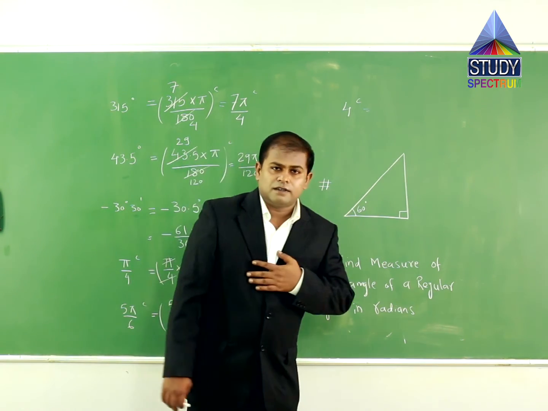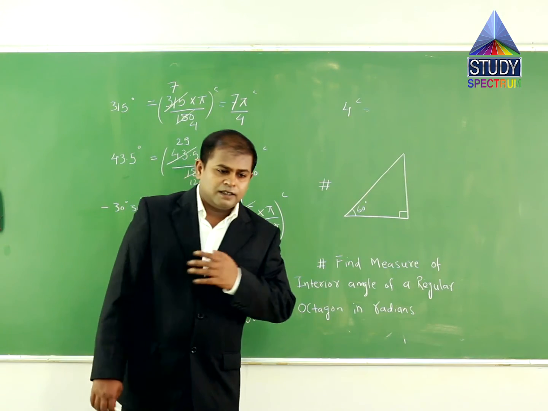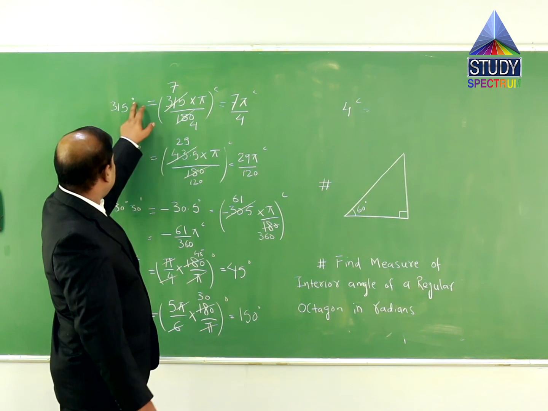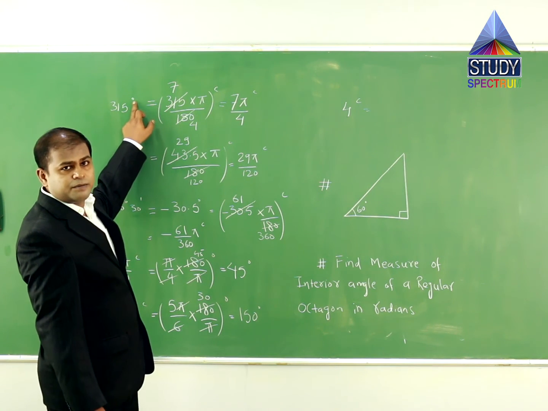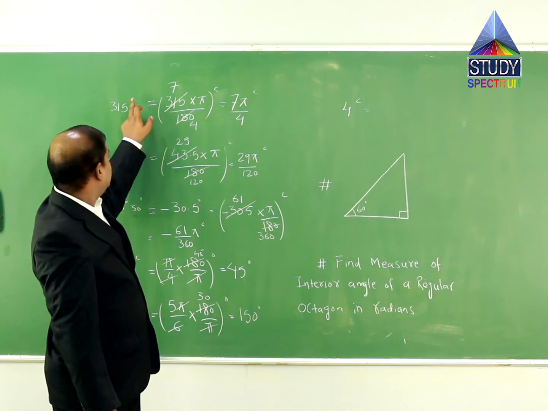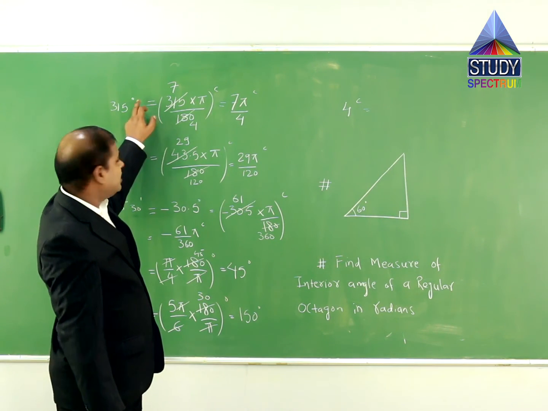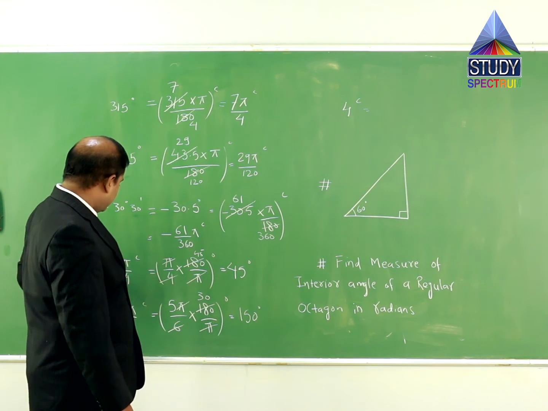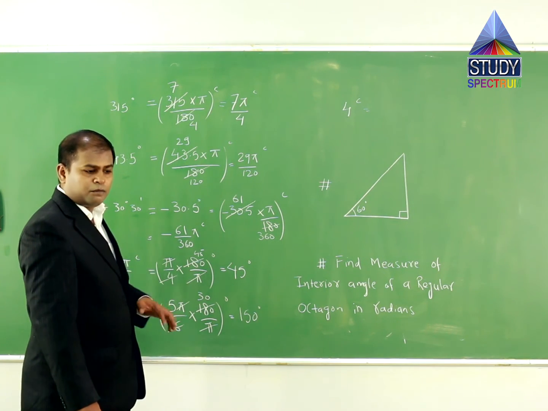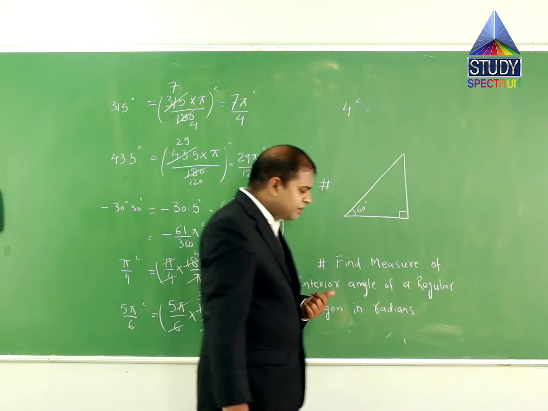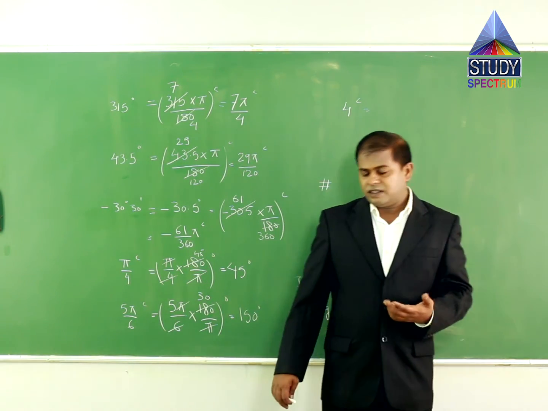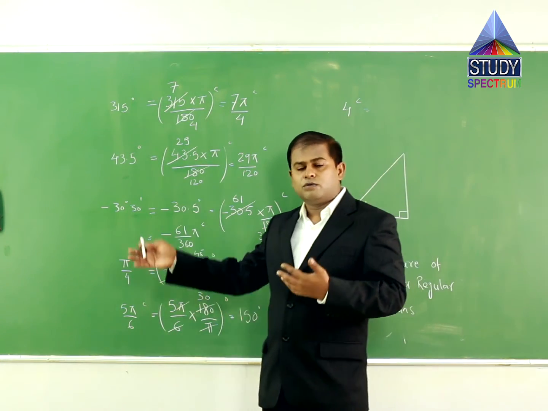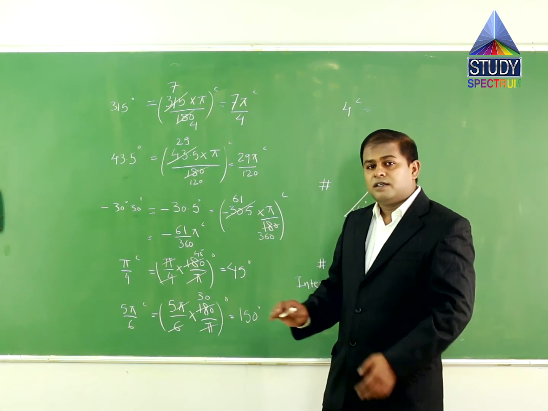4 radians. By now you would have developed the idea that if the superscript 0 is mentioned, then we say it is degree measure, and if the superscript C is written, then it's radian measure. But mostly the radian measure of angles we deal in is expressed as pi by 4, pi by 6, pi by 3, pi by 2, 5 pi by 6, 7 pi by 2.